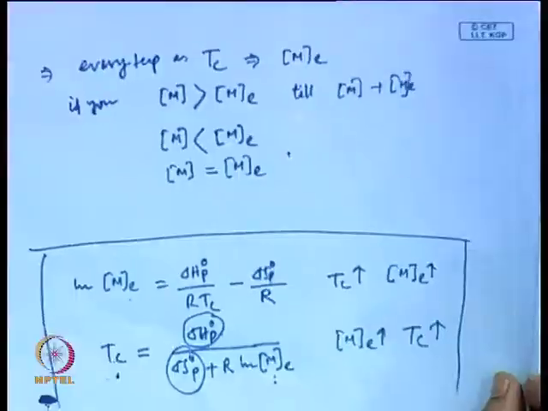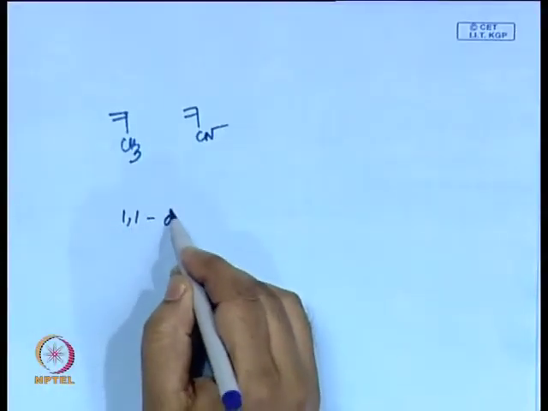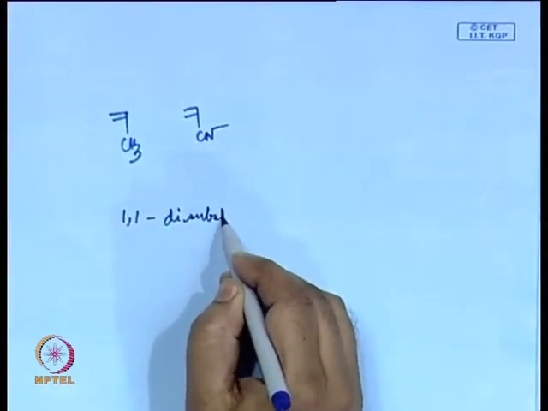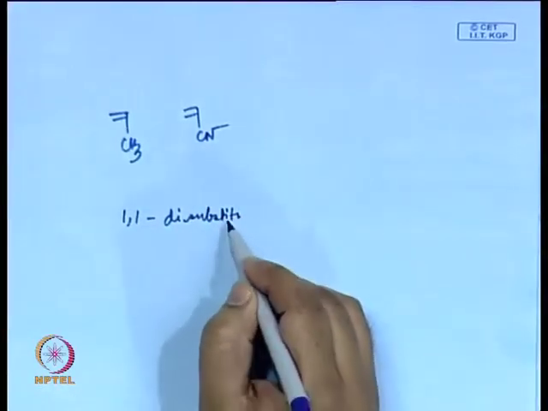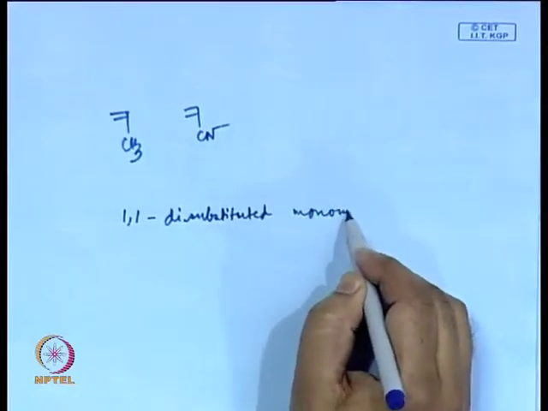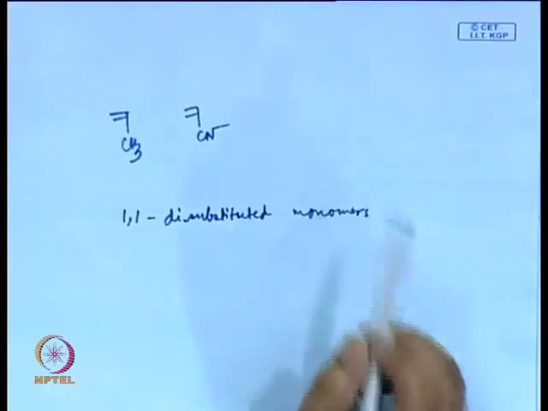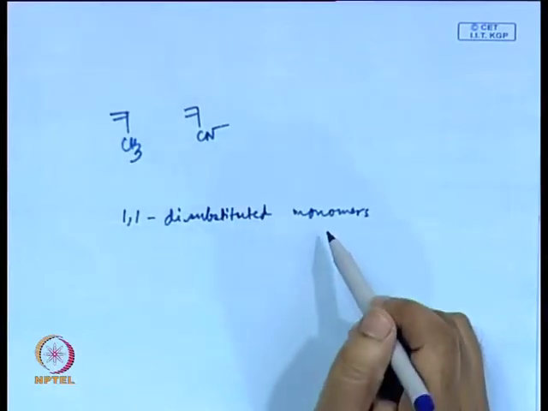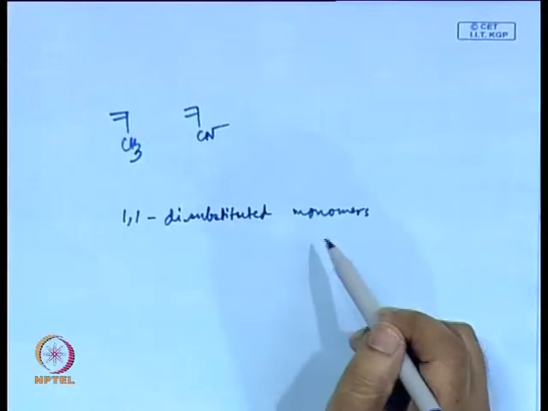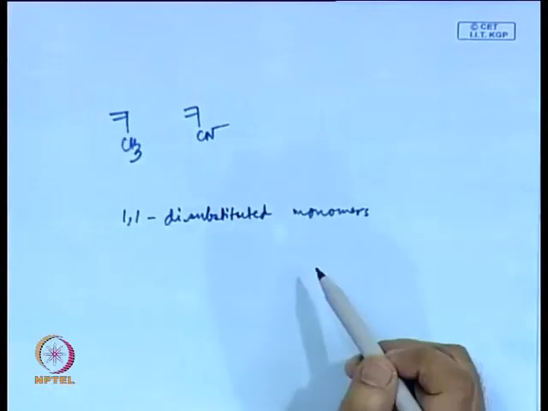Now, we have talked about 1,1-disubstituted monomers also being difficult to polymerize. We talked about it in the initial lectures, when we introduced radical polymerization about 5-6 lectures back.